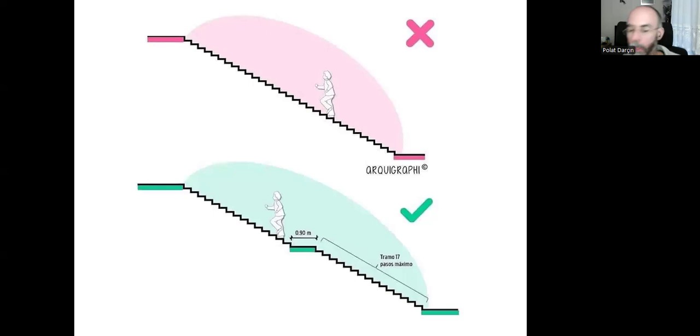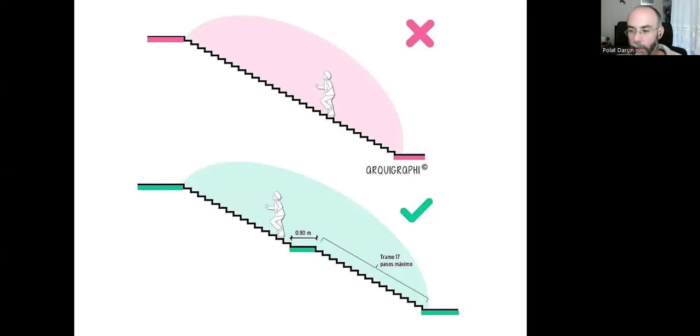But if there are not so many steps, then we don't need to do that middle landing for a straight run stairs. And the number can be calculated based on the shape of the stairs and, let's say, the maximum number of steps without requiring a landing can be up to 16, 17, something like that.